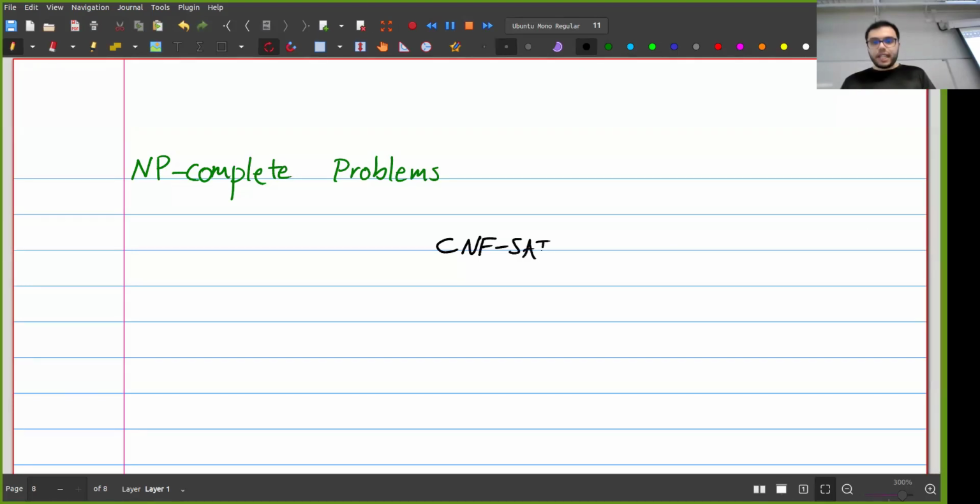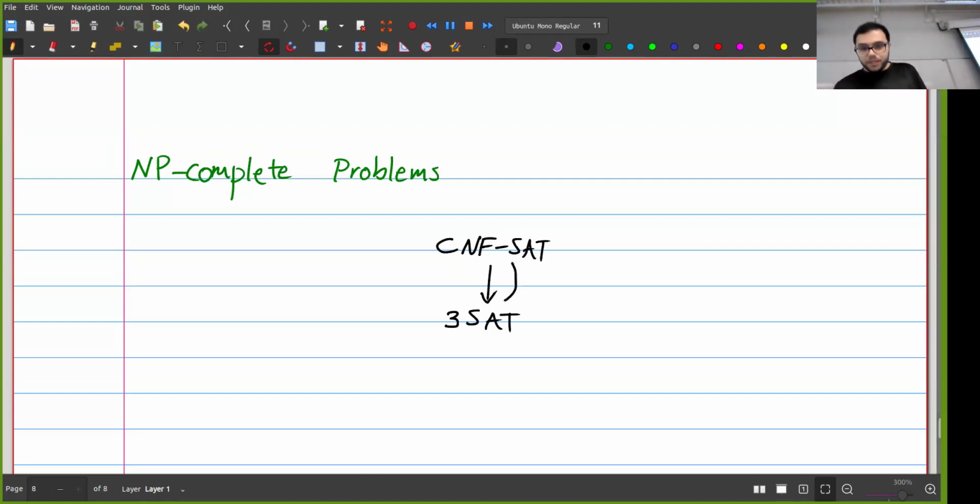Towards the end of the last lecture, we saw a reduction from general CNF SAT to 3SAT, where every clause has only 3 literals. Of course, I also have a reduction in the opposite direction. In this case, it's very trivial because 3SAT is a special case of CNF SAT. So if you have a 3SAT input, that's also a valid CNF SAT input.